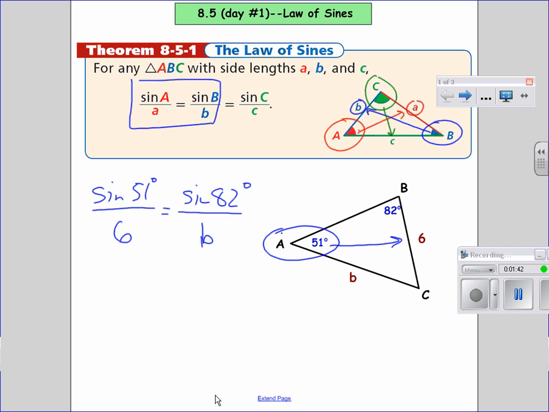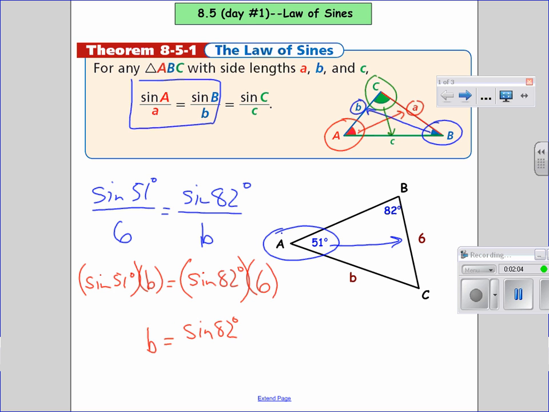Okay? So this goes pretty quickly for us then. We've got the sine of 51 degrees times B equals the sine of 82 times 6. So now B equals the sine of 82 degrees times 6 over the sine of 51 degrees.